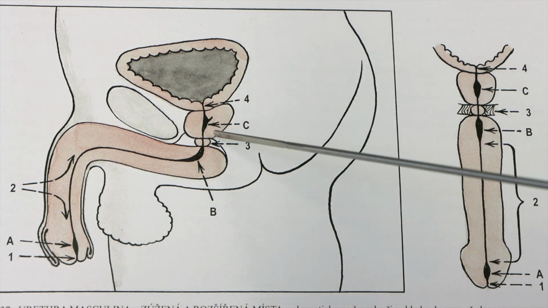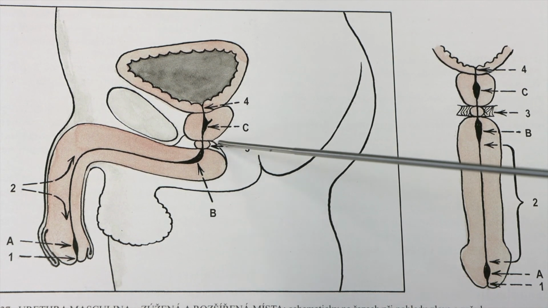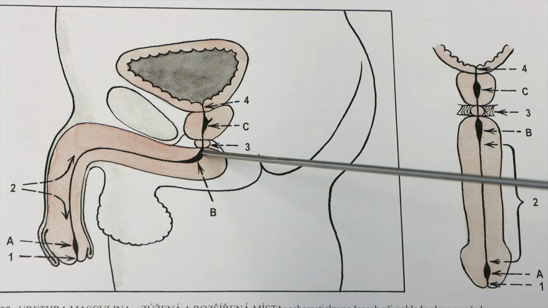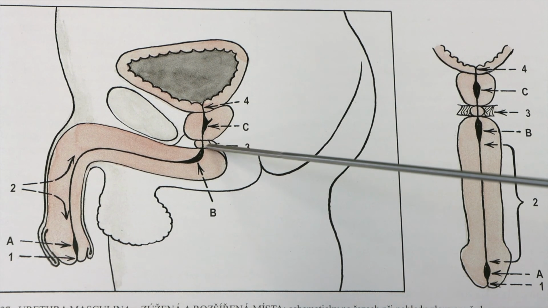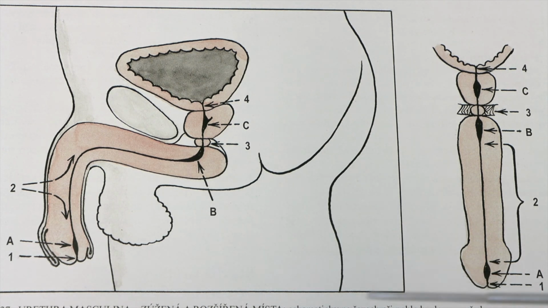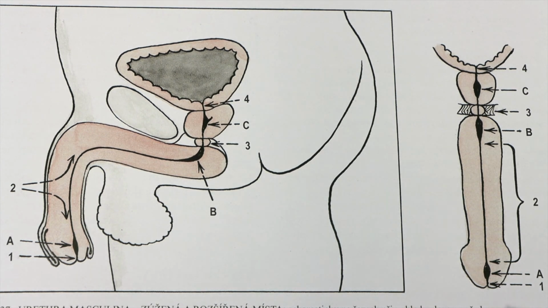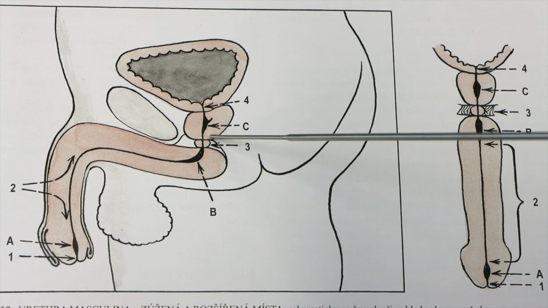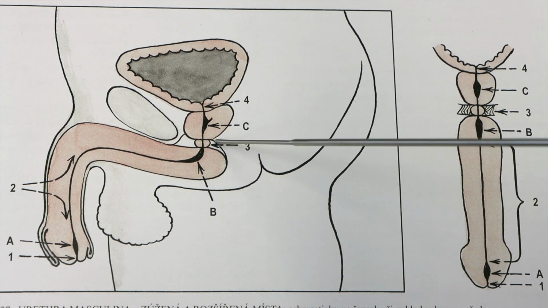Then after the prostate, it passes through the urogenital diaphragm, which is called the membranous part of the urethra. The prostatic part of the urethra is approximately 3 to 4 centimeters, and the membranous part is approximately 2 centimeters, passing through the urogenital diaphragm.